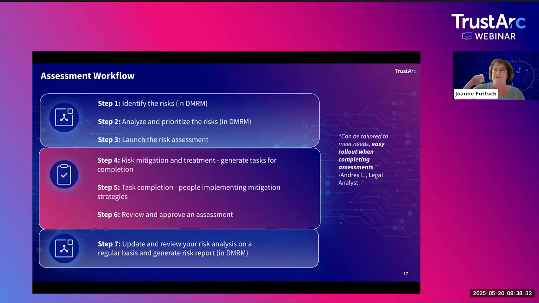And then doing that risk analysis and prioritization, once they're identified, then you can prioritize them based upon the risk potential impact and likelihood. Then kick off that formal assessment process, evaluating the identified risk and the safeguards that you have in place.